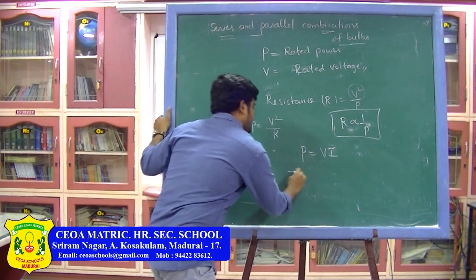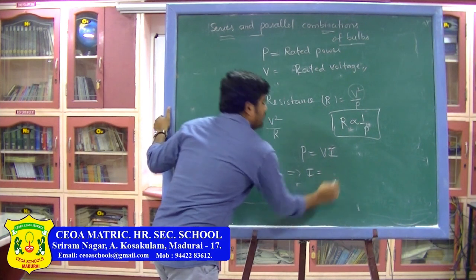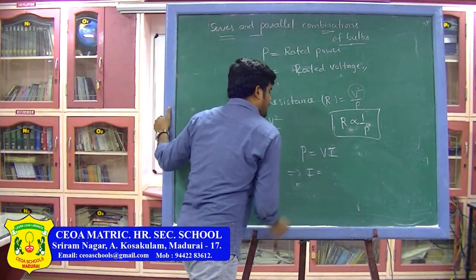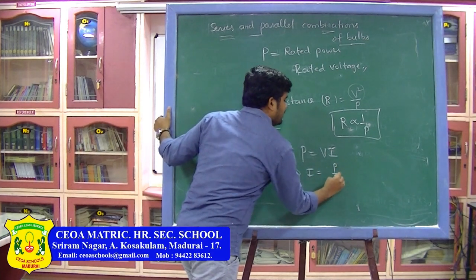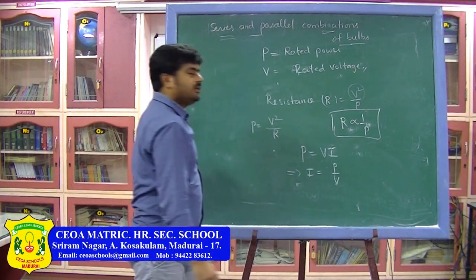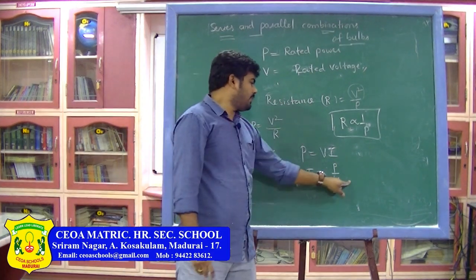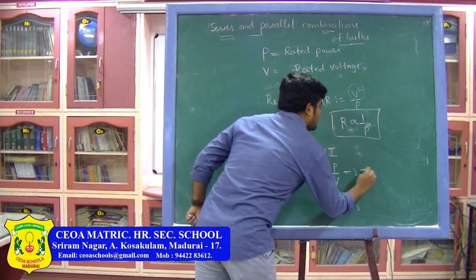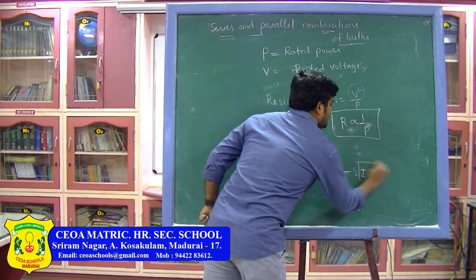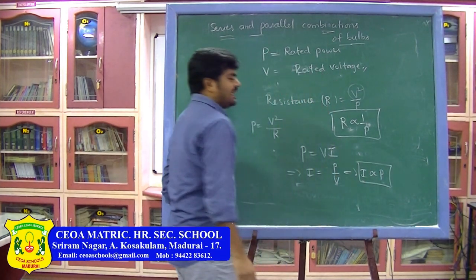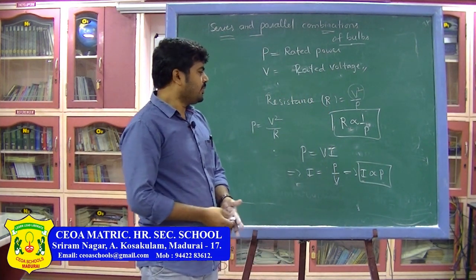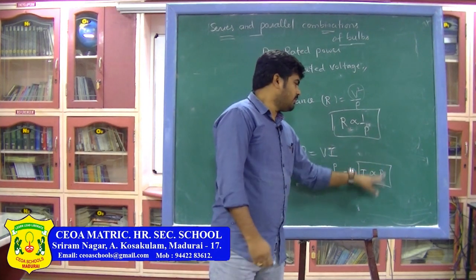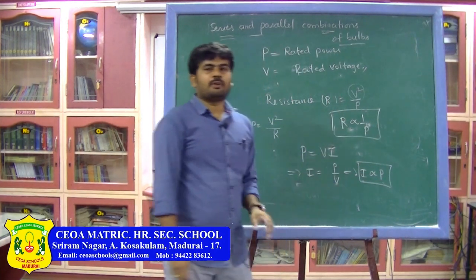Now we can calculate the maximum allowable current as I equals P divided by V. When V is constant, that is, it is operating at a constant voltage, I is directly proportional to P. That means the current through that electrical appliance is directly proportional to its rated power. Just keep these two things in mind. Later we are going to use these two in solving problems.